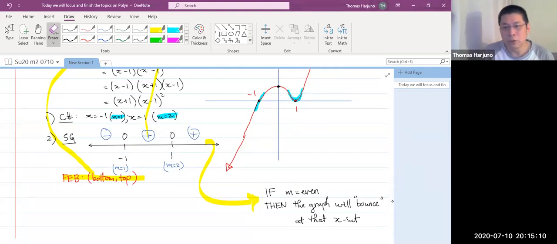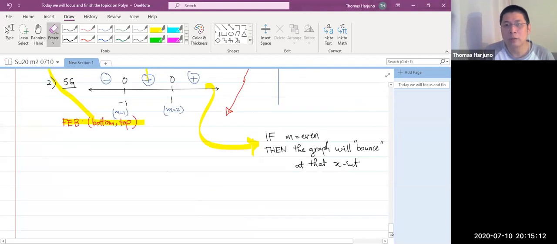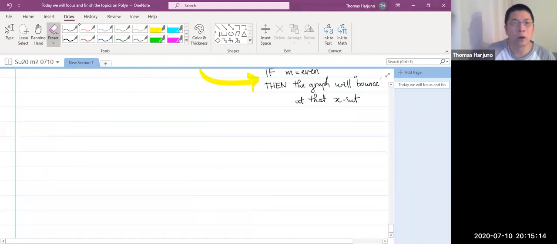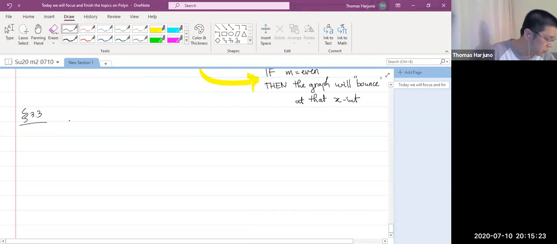Okay, let me continue. This time I will still work on problems from our textbook, from section 3.3. Let's do, for example, number 2, the easy one. It's number 2, so how hard can that be?